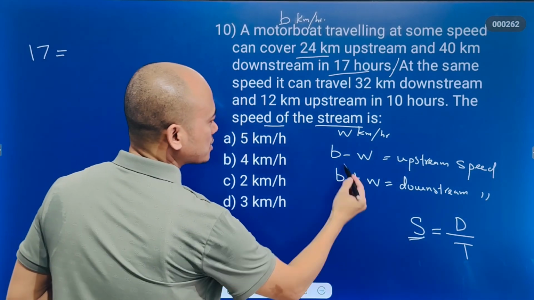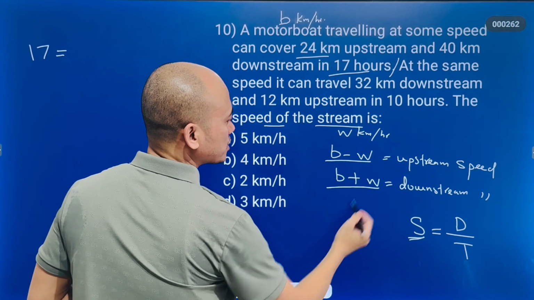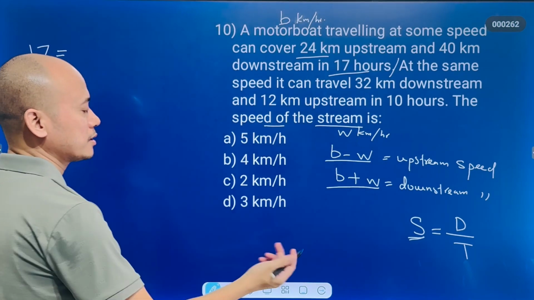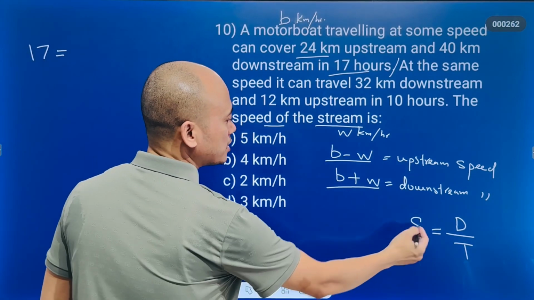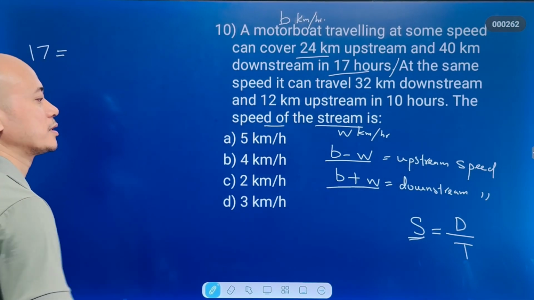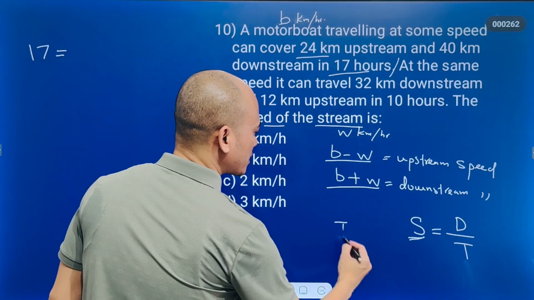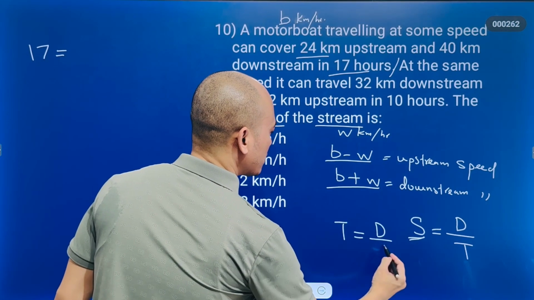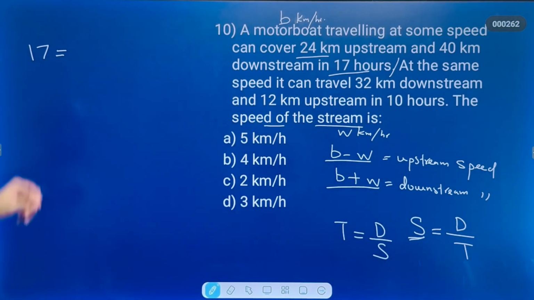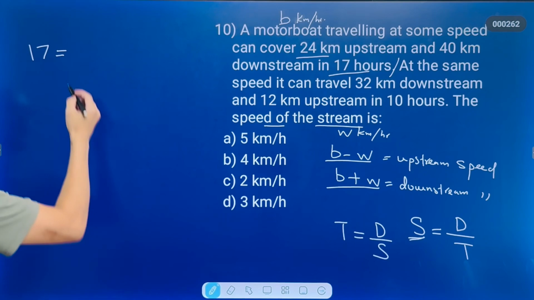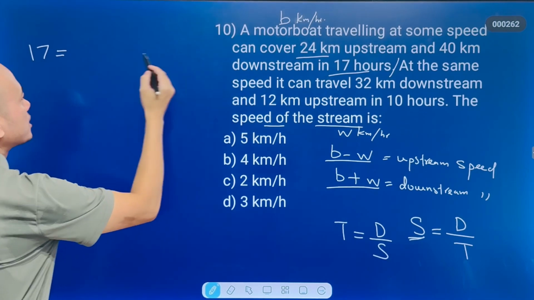So, speed here means upstream speed and downstream speed. Just like in relative speed, here it is upstream speed and downstream speed. So, speed is equal to distance by time, it means time is equal to distance by speed. So, we are given total time. So, upstream time is equal to distance by speed.